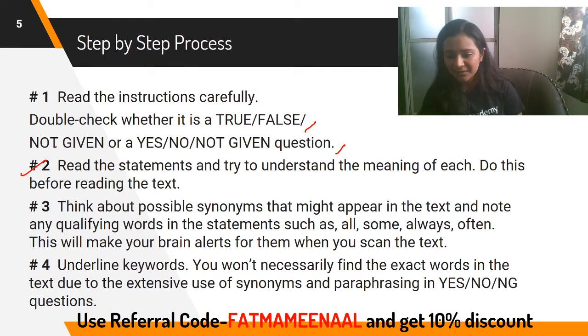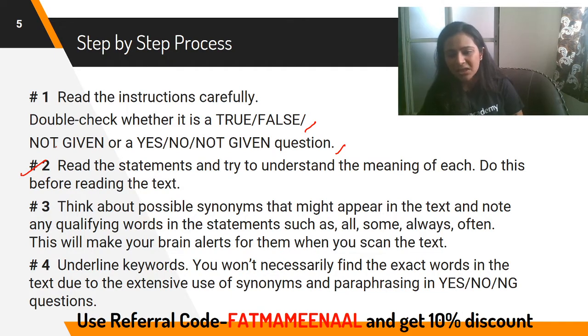Shivani reads the question first in yes or not given. Okay. What about others? What about Punya? And true, false, not given maybe. Okay.